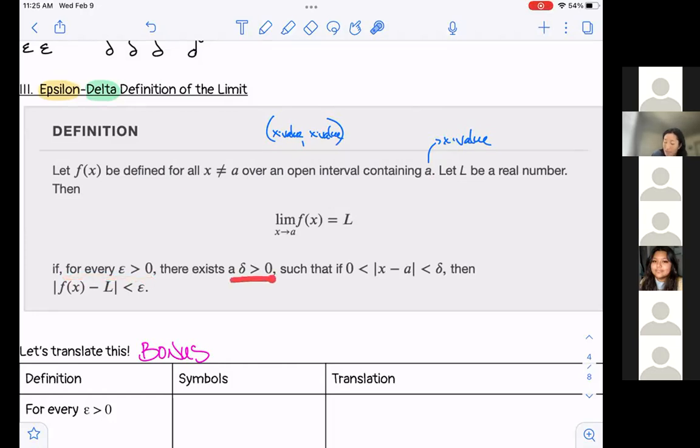There exists a delta, which is also positive, such that if 0 is less than the absolute value of x minus a, which is less than delta, then the absolute value of f of x minus L is less than epsilon.